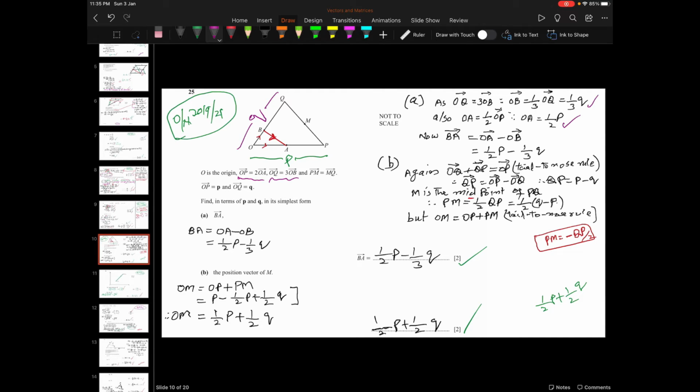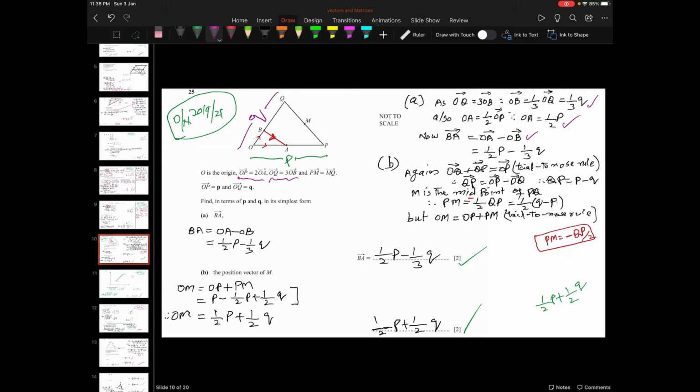So OA is equal to half P. Now by using tail to nose rule, we can write OP is equal to OB plus BA, or BA is equal to OA minus OB.